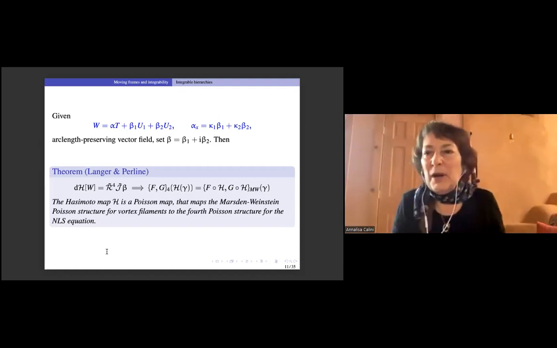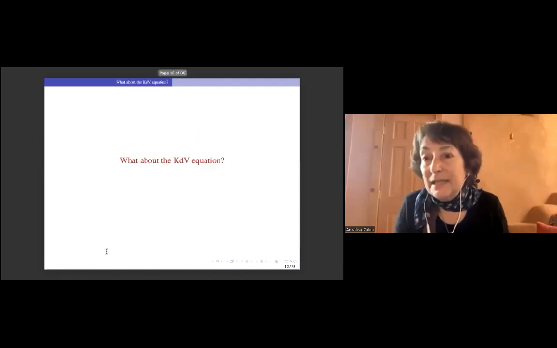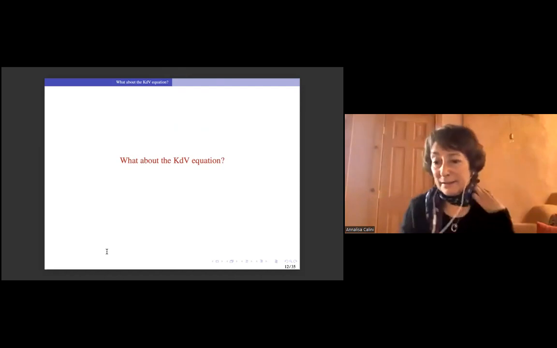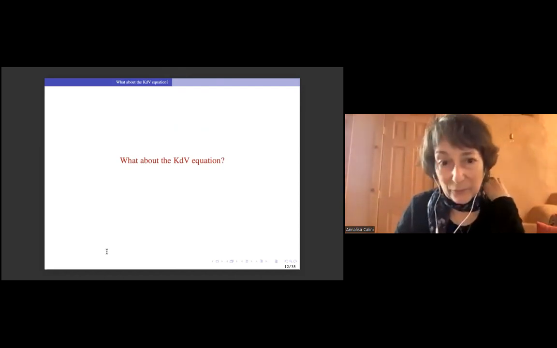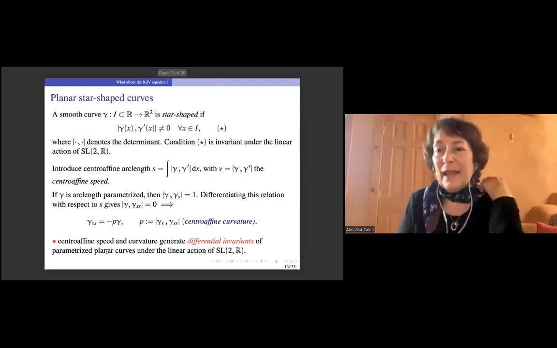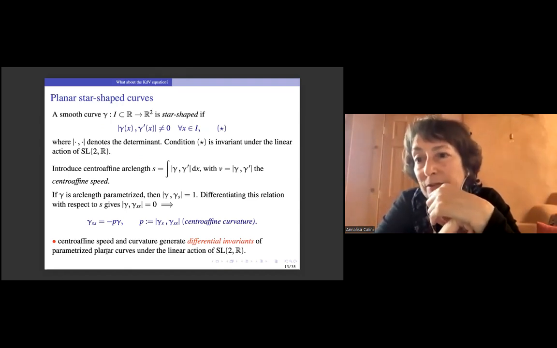All right, you are probably asking, what if you look at a simpler PDE, what about the KdV equation? Where does it arise in the context of geometric flows? Well, it arises as a flow on curves in the plane, but the group of symmetries now changes.